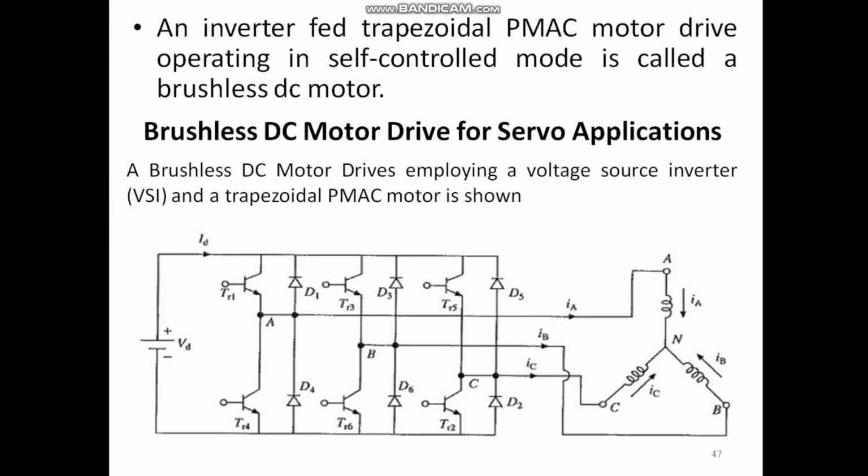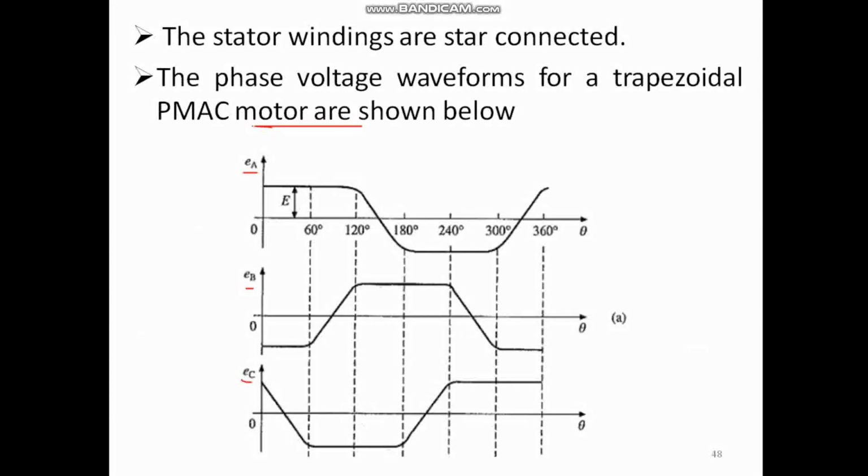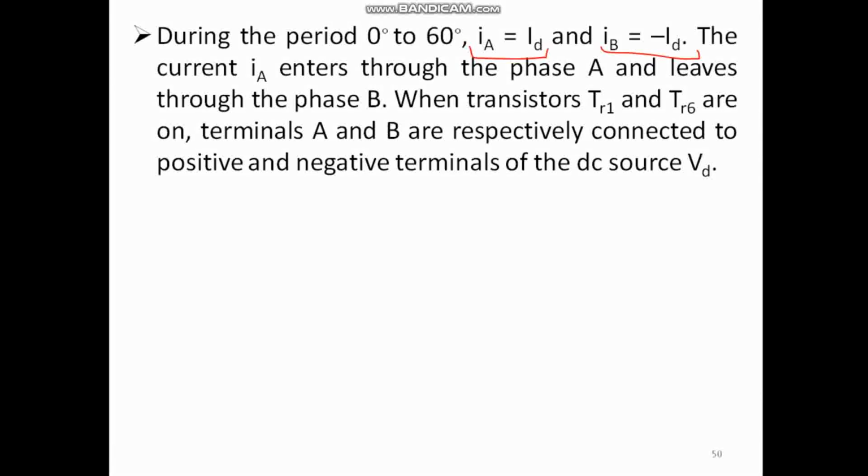For 0 to 60 degree duration, if you see here, ID is flowing and coming here, so ID is equal to IA. However, see what is said here: IA is equal to ID and IB is equal to minus ID.